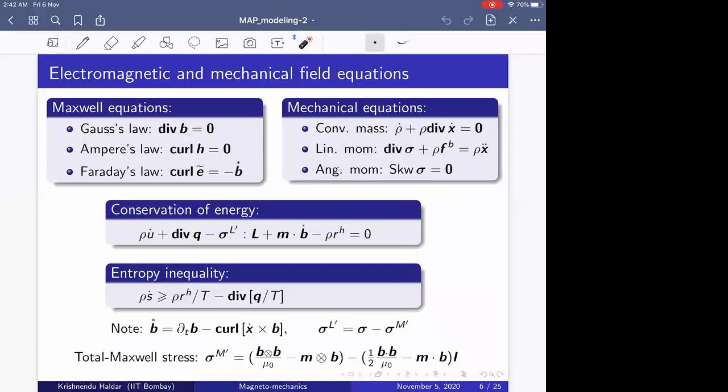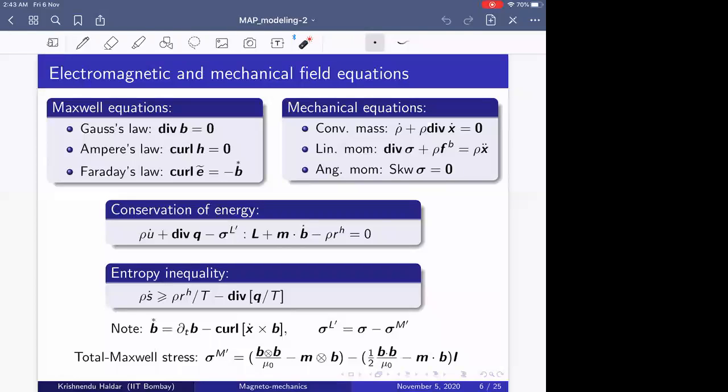We have Gauss's law, divergence B equal to 0. We have Ampere's law, curl H equal to 0, and Faraday's law exists here because we have this little E tilde that is generated out of the motion of the material points, and this B star is nothing but the convected derivative.